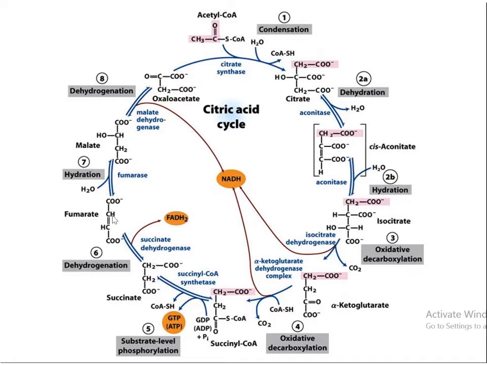Then this fumarate, after hydration, when it combines with a water molecule, turns into malate, and this reaction is catalyzed by the enzyme fumarase. Then finally, after dehydrogenation by the malate dehydrogenase enzyme, this malate is converted into oxaloacetate.